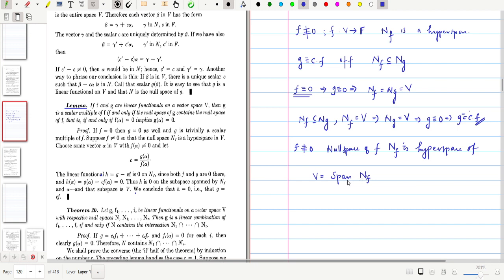This is a hyperspace, so V can be written as the span of Nf union an element alpha which does not belong to this Nf. So you can find alpha not in Nf, and you can get V is equal to this.